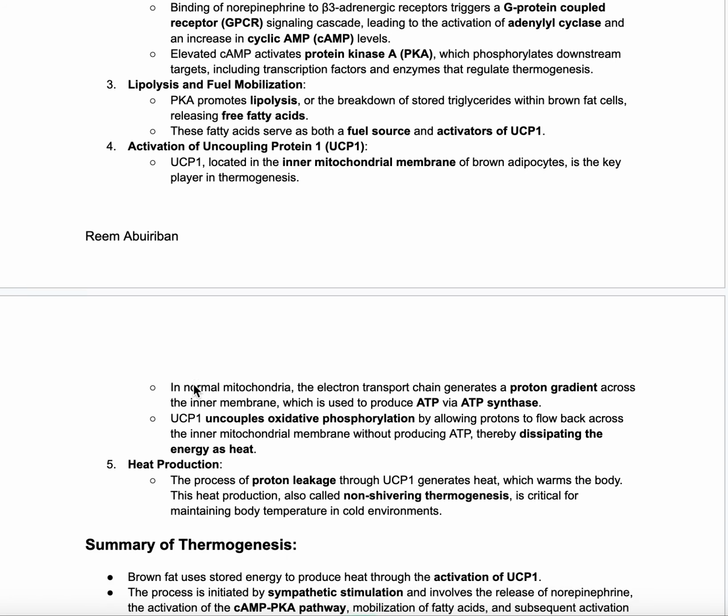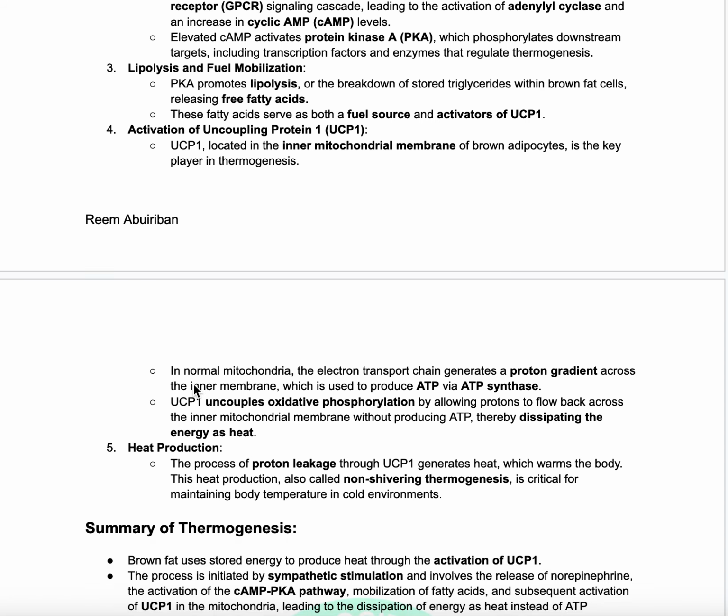This leakage of protons through the uncoupling protein generates heat, which warms the body. This heat production is called non-shivering thermogenesis, and it is critical for maintaining body temperature in cold environments.